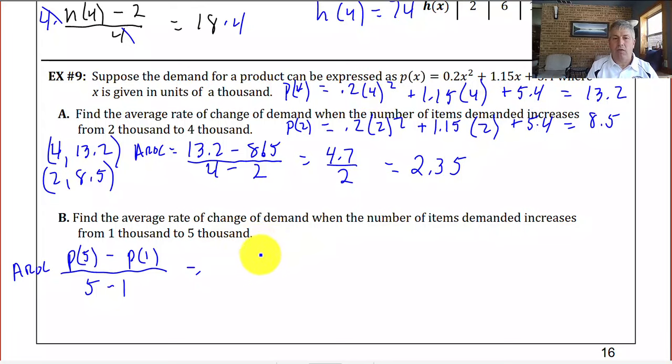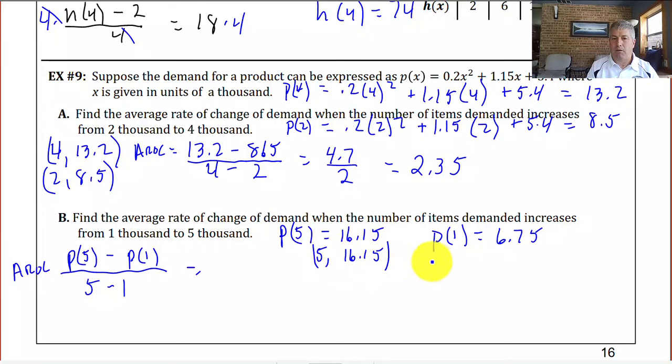And when I do that, P of 5 is equal to 16.15, and P of 1 is equal to 6.75. So we have the ordered pairs 5, 16.15, and 1, 6.75.